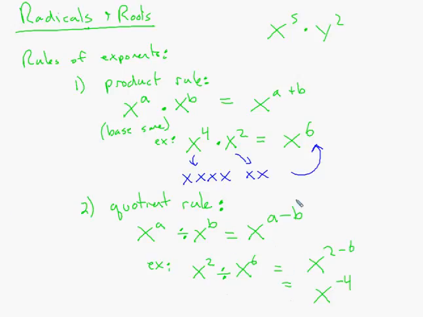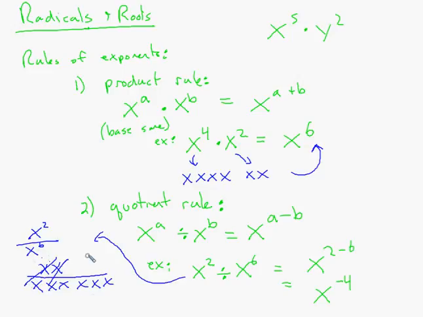Now that brings us to a related problem. What are we going to do with that? I did run out of room, so I'll write over here. If I write this as a fraction, I can see what's going on better. x times x, and then I have 6 x's on the bottom. And then I can cancel. So what's left in the numerator?